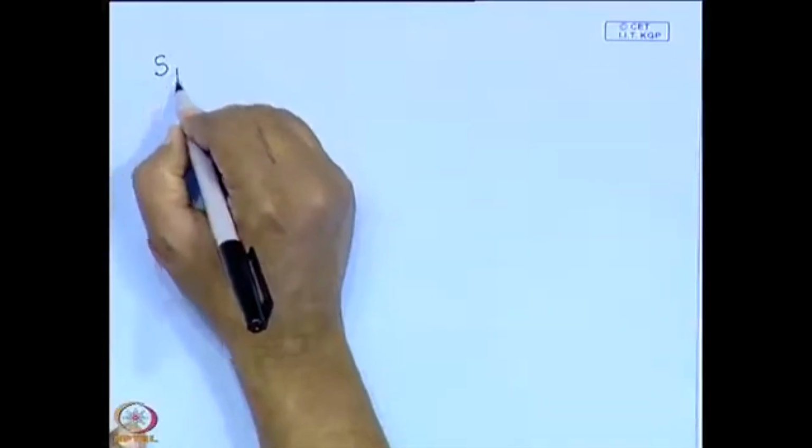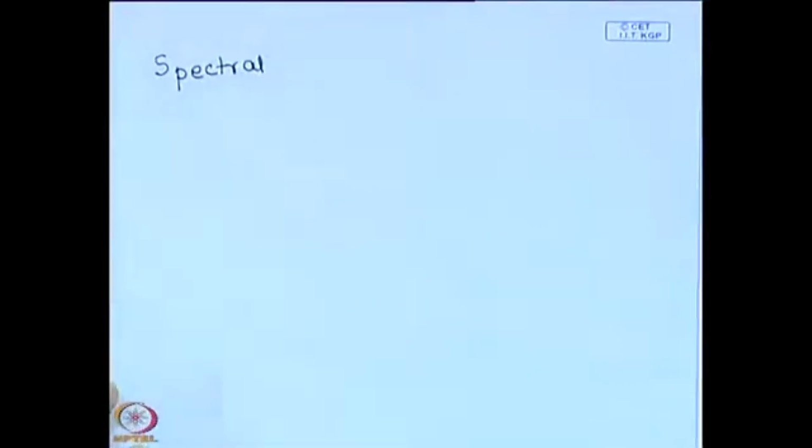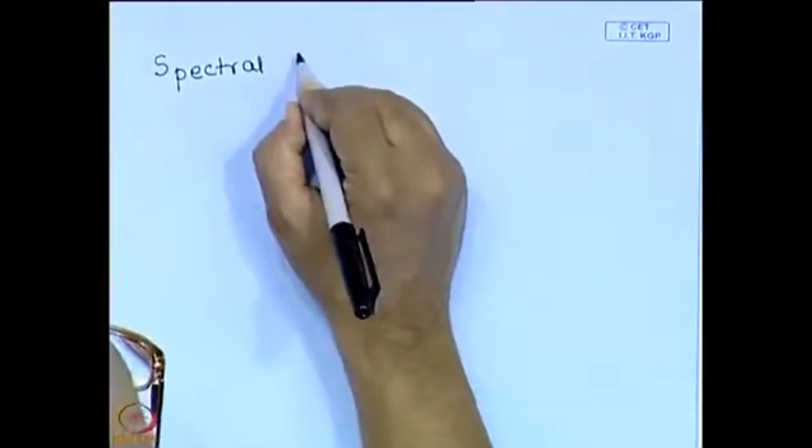Okay. Now, the temperatures. Okay. The stars can be classified. Let us now have a look at the classification of the stars. So, for the different masses you get stars of different surface temperature, and the stars can be classified based on their temperature, which is also indicated by the spectrum. So, this is called spectral classification.